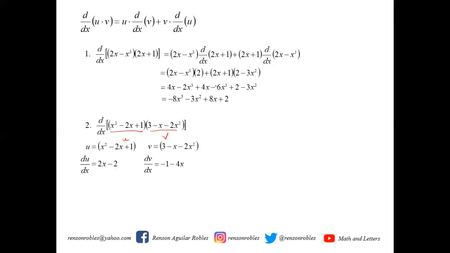And then by applying again the principle, that's u dv plus v du, then you have x squared minus 2x plus 1, that's u times dv, that's negative 1 minus 4x, plus v, that's 3 minus x minus 2x squared times the derivative of u, 2x minus 2. And then simplifying further, this will lead us to negative 8x cubed plus 9x squared plus 6x minus 7. Okay, let's have some more.